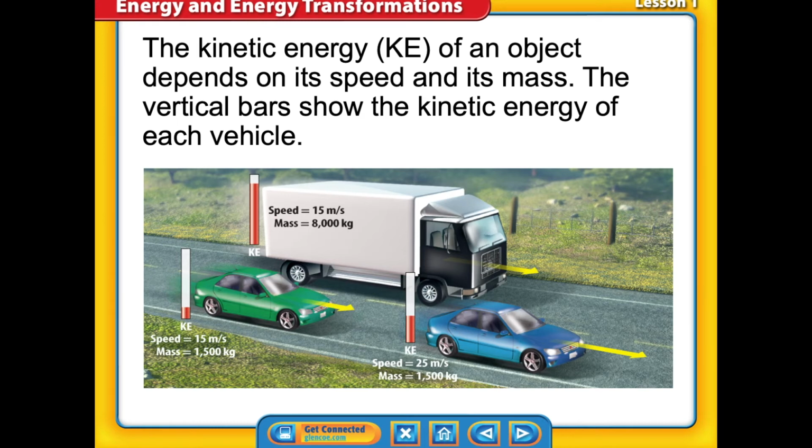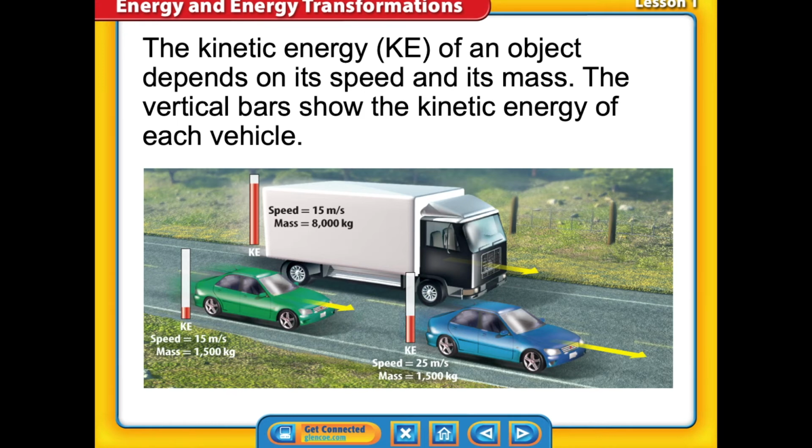So truck drivers that are going quickly take longer to come to a stop than the equivalent of a car. That's why when semi-trucks have accidents, it's usually pretty bad, because there's so much kinetic energy built up in the mass of the object.